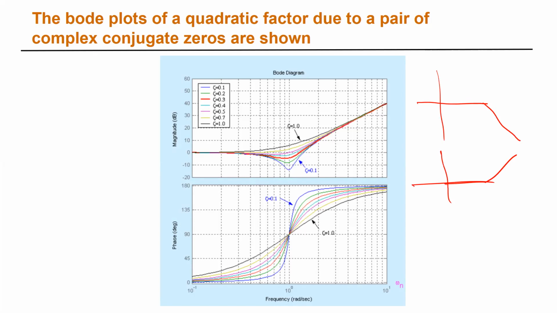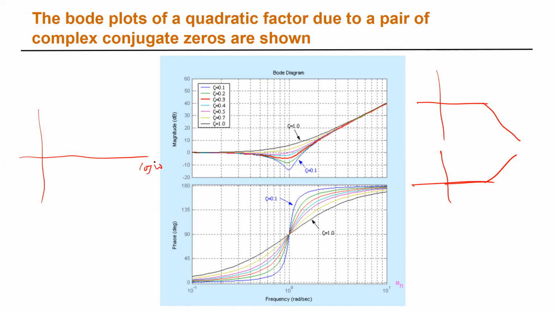So as I said, the approximation here is going to be 0 before the corner frequency. If you have poles, it will be minus 40 dB per decade after the corner frequency. Of course, the angle is a little bit more complicated.